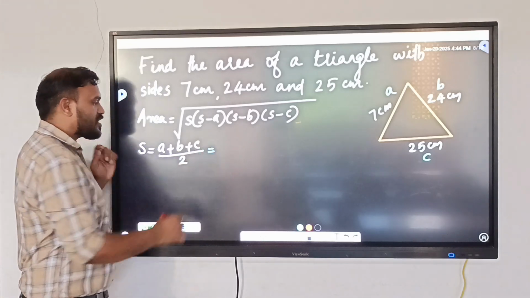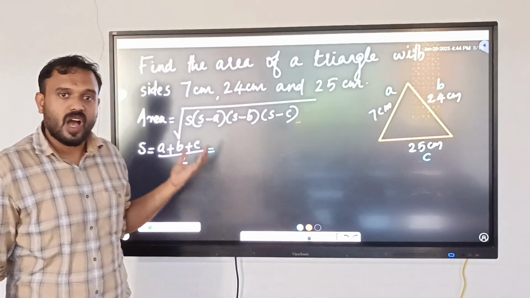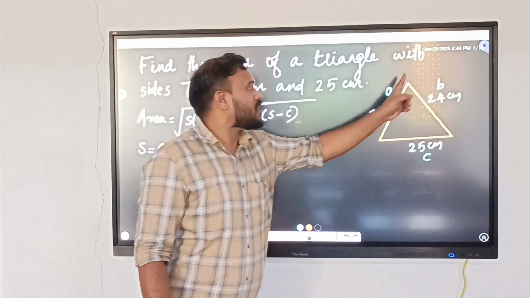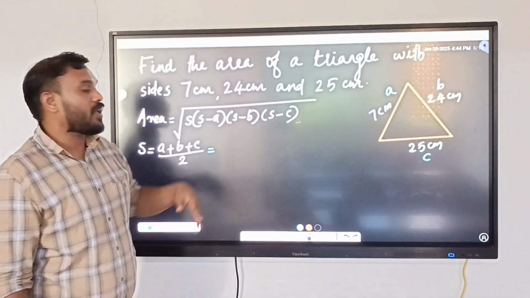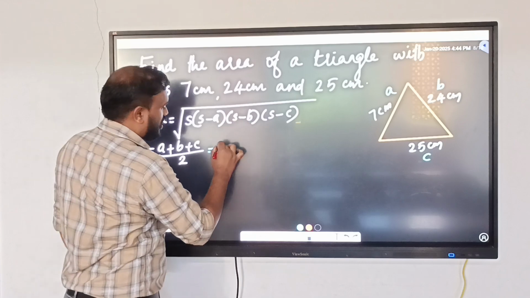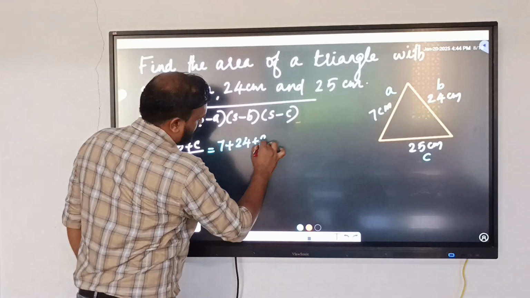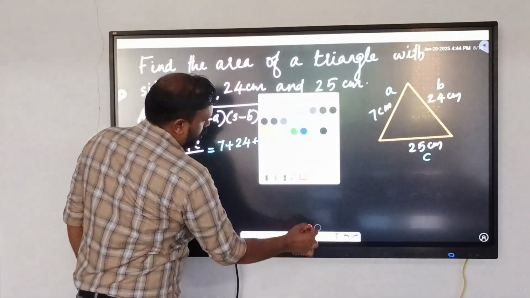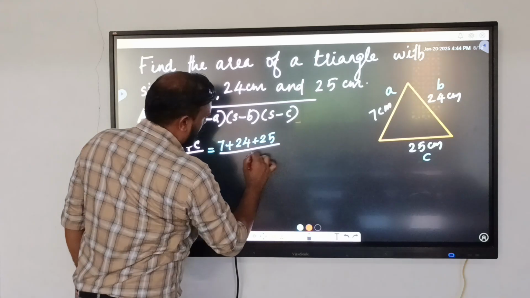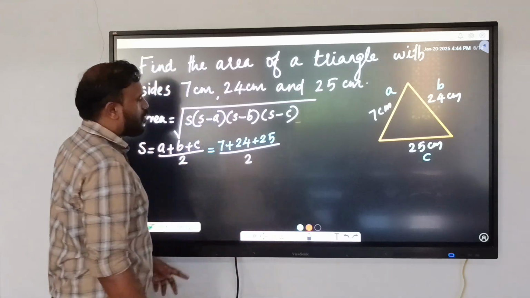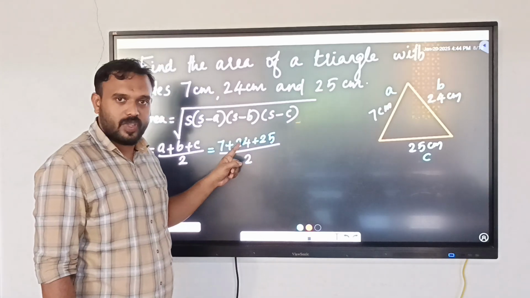See, S is given as A plus B plus C all divided by 2, meaning half of the perimeter. We have to add all the sides, divided by 2. So if you add all these sides, 7 plus 24 plus 25, divided by 2, then what will be the value? 25 plus 24, how much will that be?